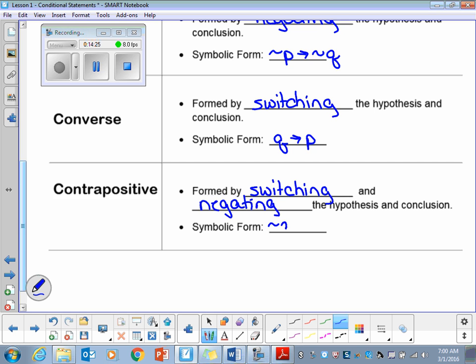So not Q, then not P. You do need to memorize these symbolic forms for the conditional, the inverse, the converse, and the contrapositive. I recommend making yourself some flashcards.